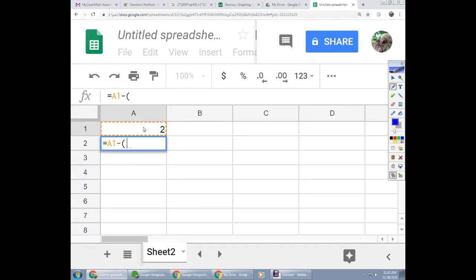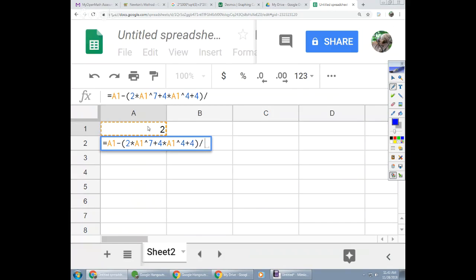That was 2x to the 7th? 2, and in a spreadsheet you've got to go times, otherwise it'll scream at you. So 2 times x raised to the 7th plus 4 times x raised to the 4th plus 4.